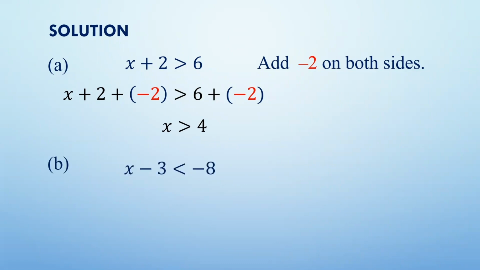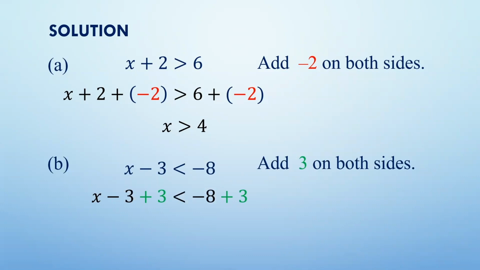Part B. x minus 3 less than -8. So the additive inverse of -3 is +3. So I add 3 on both sides. And I get x less than -5.